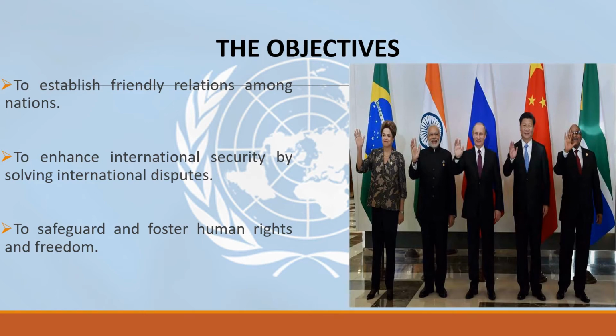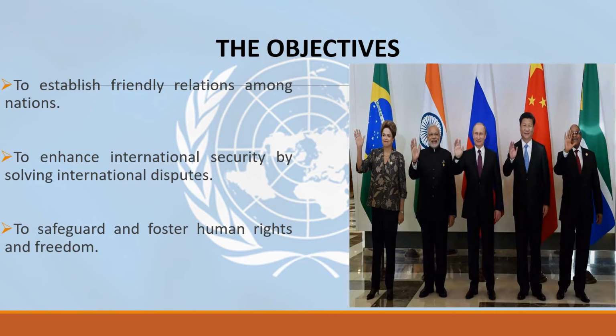Whatever dispute or conflict is between one nation and another nation should be dealt with and solved in a peaceful manner. That is about international security. This international security is given to each and every nation by solving disputes by international means.